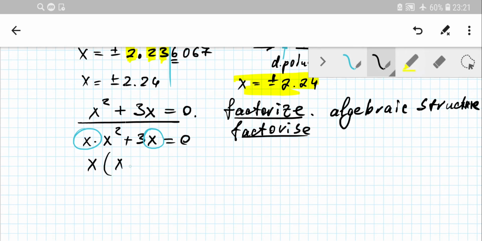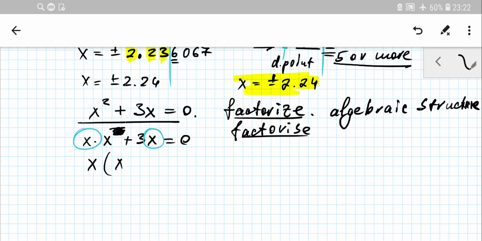Okay, so you factorize, right? You split your x squared as x times x, and plus 3x. So you take out x as the common factor. What's left? You are left with x and plus 3.